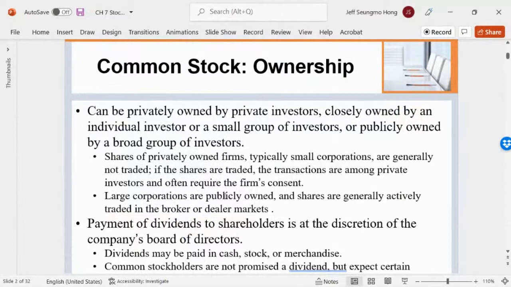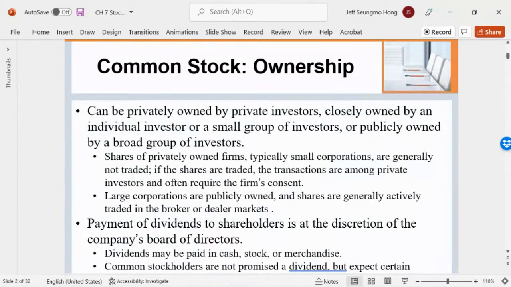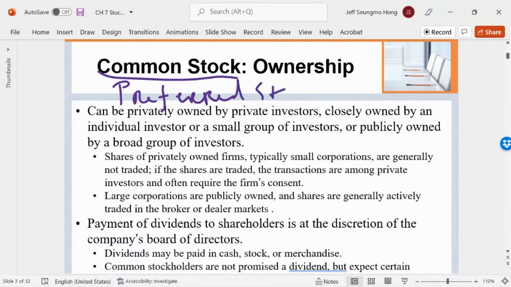first of all, we need to start with some institutional aspects of stocks. When we say stocks, we normally refer to common stock, but there is also preferred stock. However, preferred stock is not ownership.